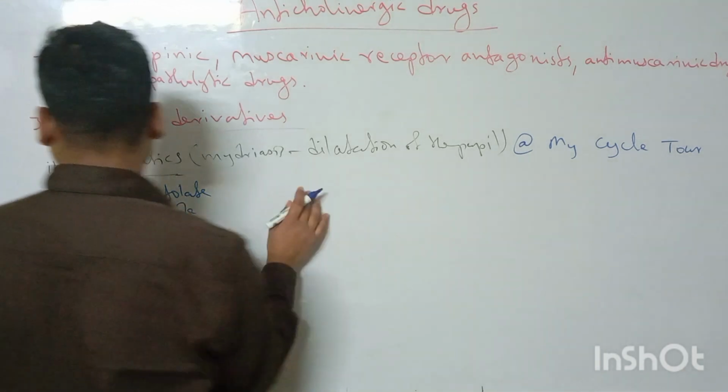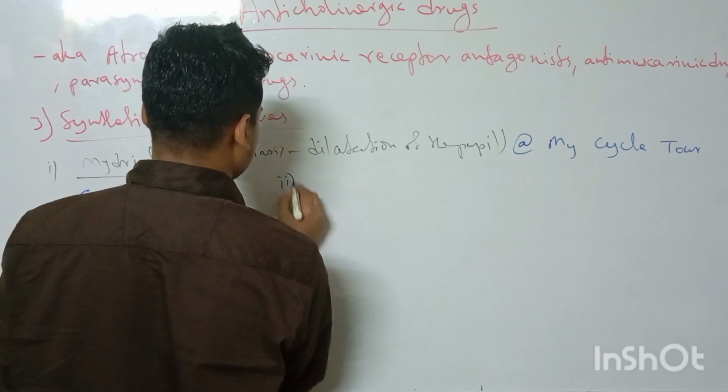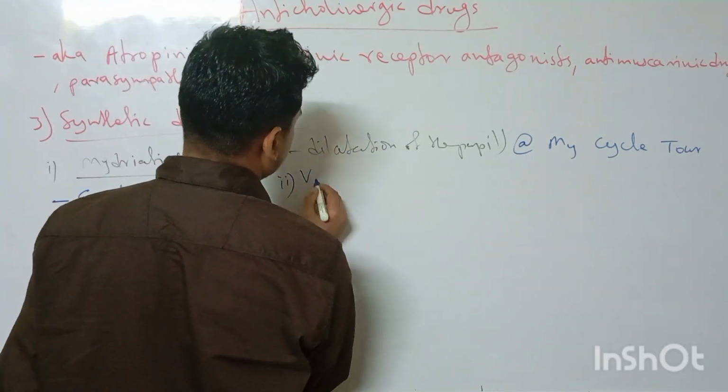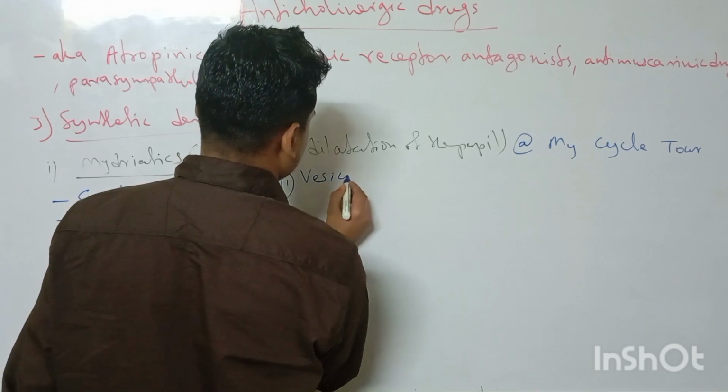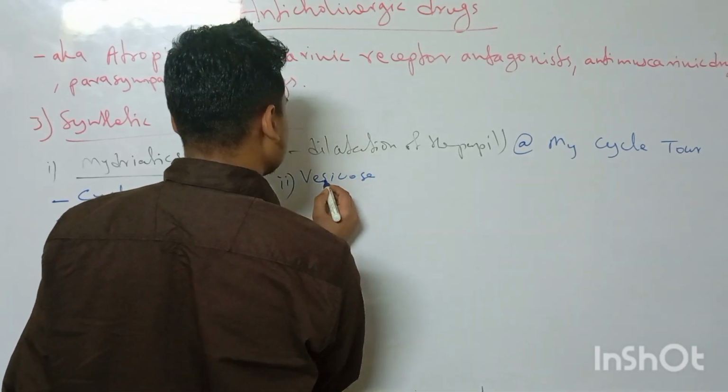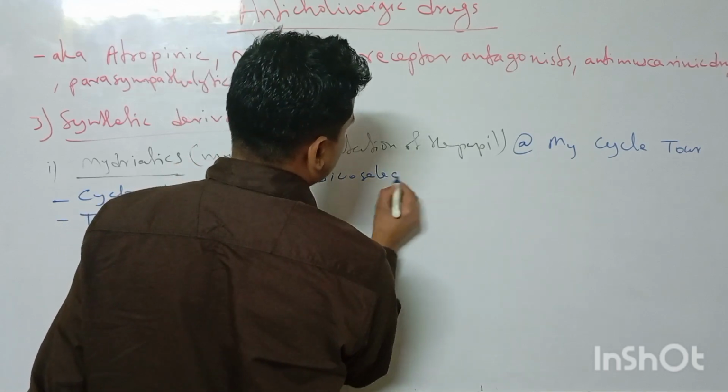Next derivatives, number 2, are the vesicoselective.